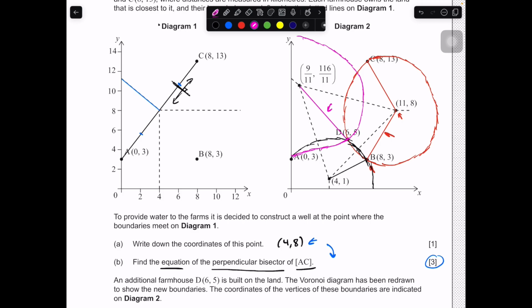So if we're looking at point D right here and point B, this is equivalent, this is equivalent, this is equivalent, and so on. The boundary lines represent an equal distance between two farmhouses. And then there's one point where they meet, and that's the edge of a boundary line. And this is the farthest essentially that we can get, where we're still an equal distance away from both.